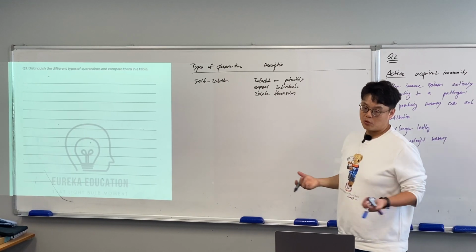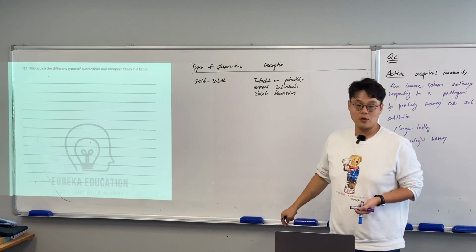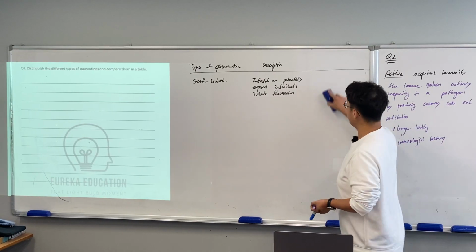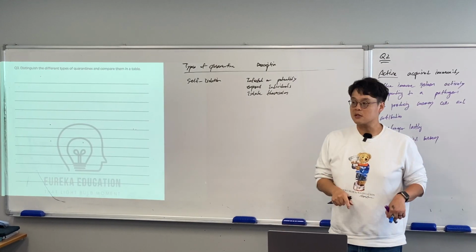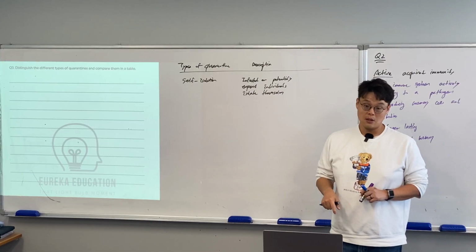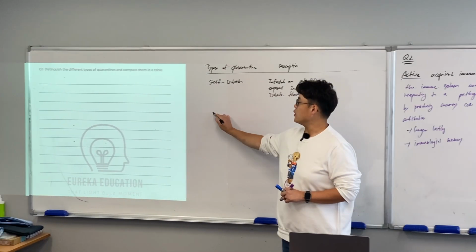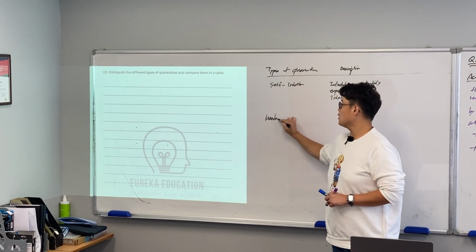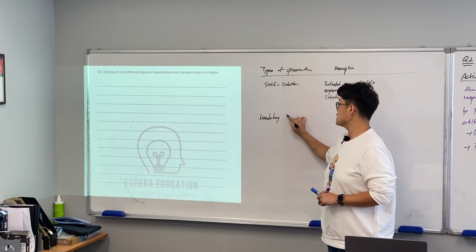An example would be people staying at home after close contact, so you're not allowed to come out. That was kind of strict at the time of COVID-19. And then there was a time that we had to do the mandatory quarantine.